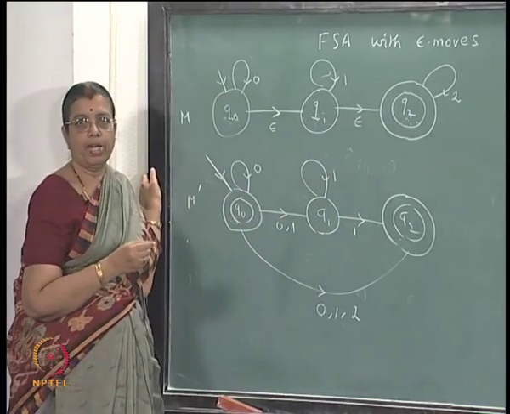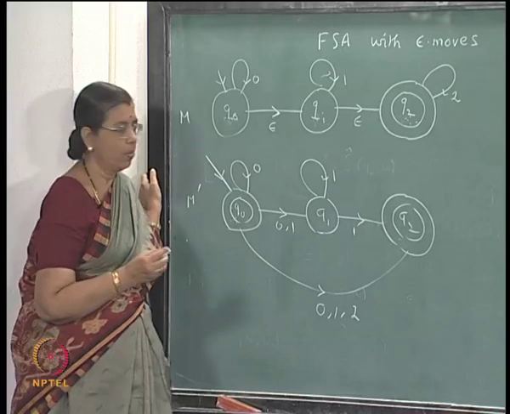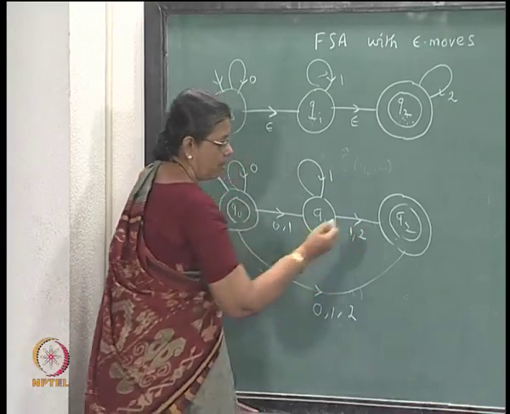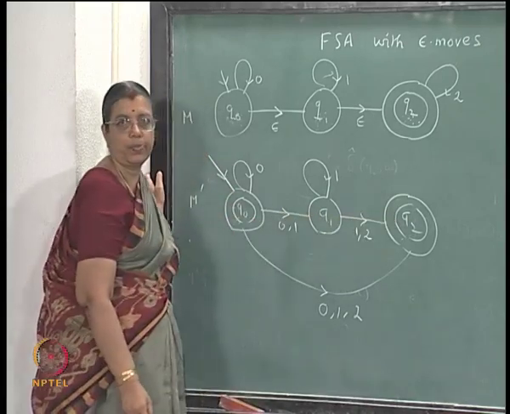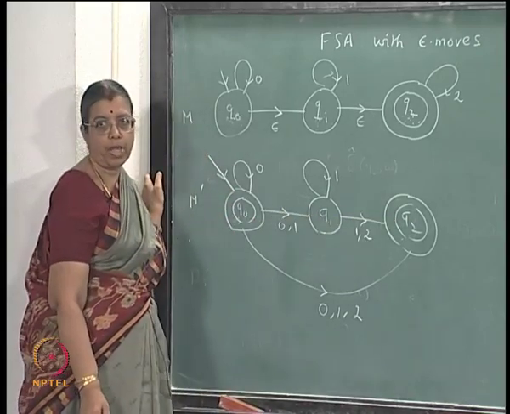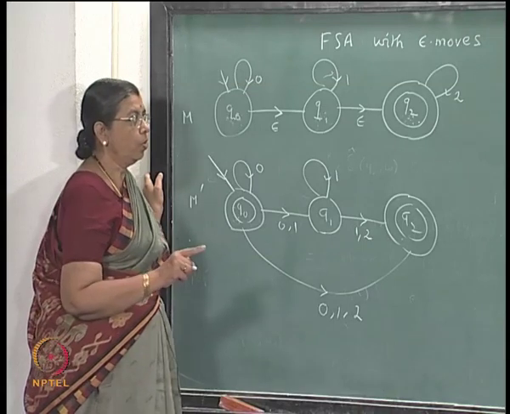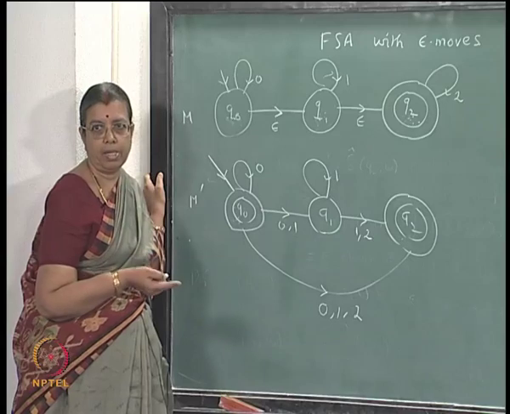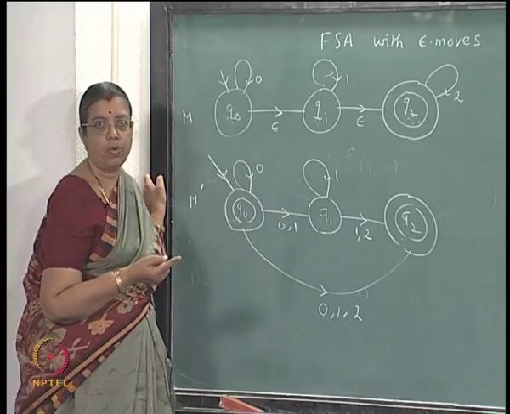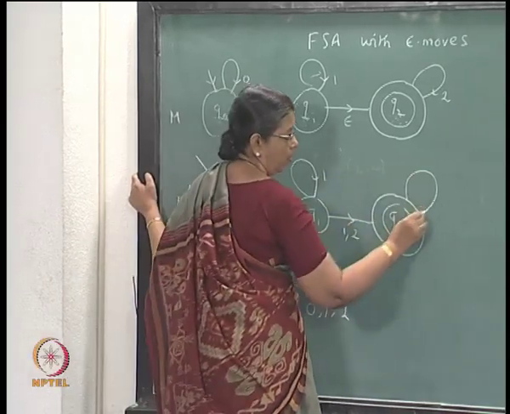So, from q1 if you read a 2 you can go to q2. So, there is also an arc from q1 to q2 with label 2. From q2 you cannot read a 0, you cannot read a 1, but if you read a 2 from q2 you can go to q2.